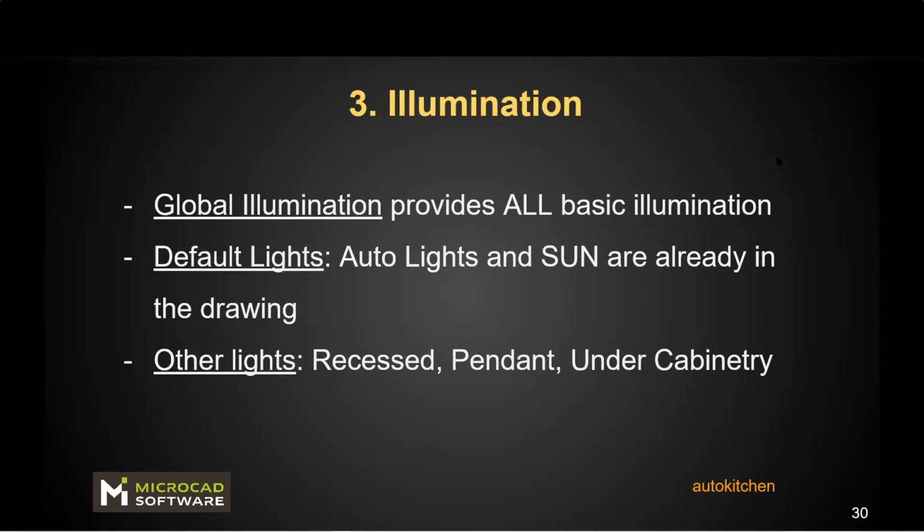But the way to think about illumination is really along the lines of there are 3 levels of illumination. You have the global illumination, you have default lights, and then you have everything else. And everything else typically means recessed lights, maybe some pendant lights, or even under cabinetry, sometimes an LED light, things like that.